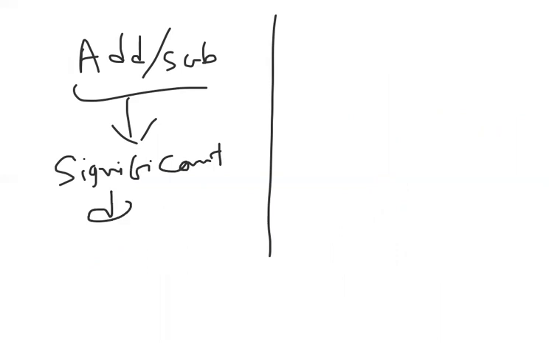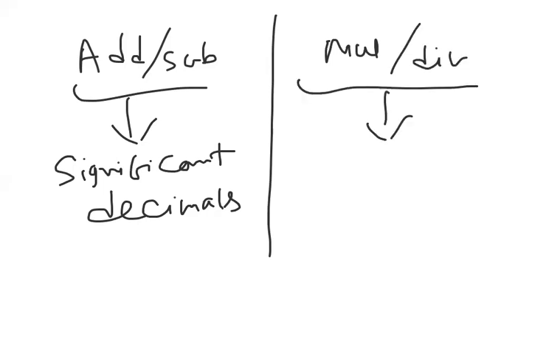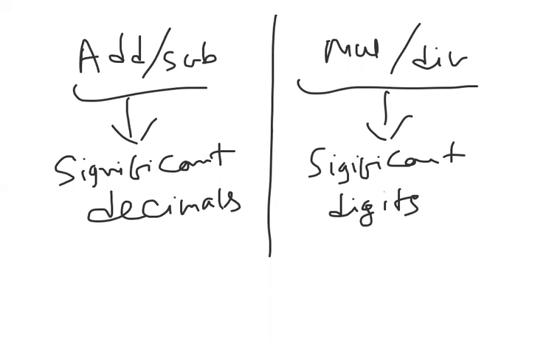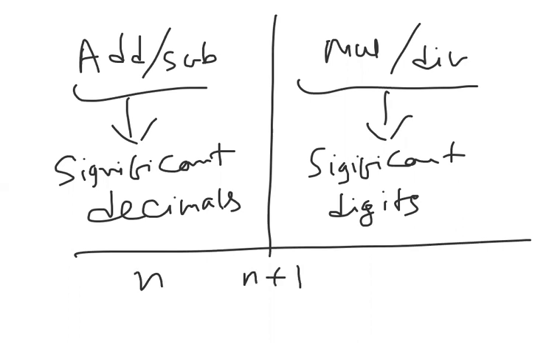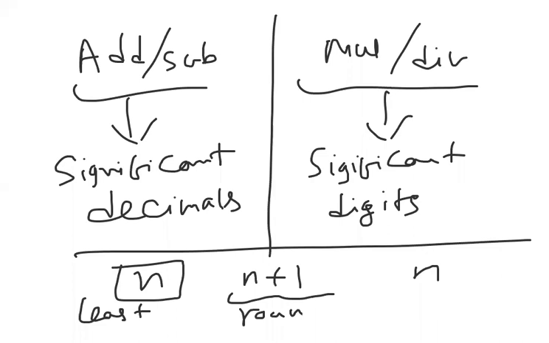For multiplication and division we take total significant digits, no separate decimals, everything counted. In both cases the rule is the n plus 1, n rule. N indicates the least number of significant digits. You round off all the numbers to n plus 1, and the final answer must again be to n significant digits.